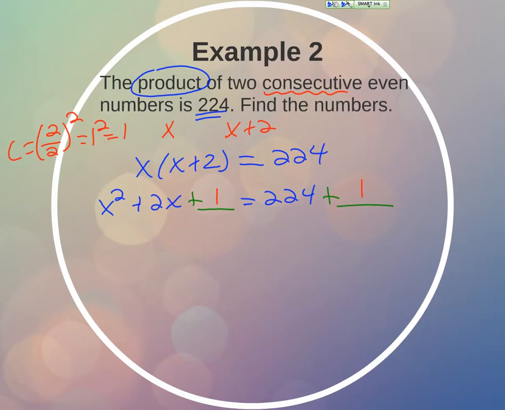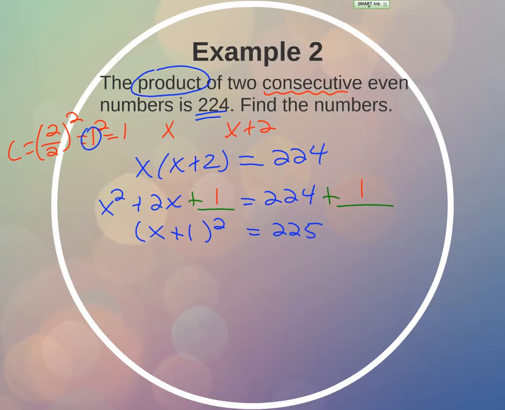On the right side, when I add that up, I've got 225. On the left side, I'll have my binomial squared, which is going to be x plus 1. Remember, it's this number right here that goes in your parentheses. This is a perfect complete the square example because I think it's the least amount of work, but that's just my opinion.